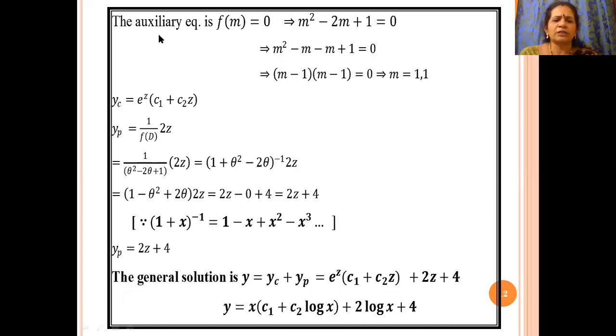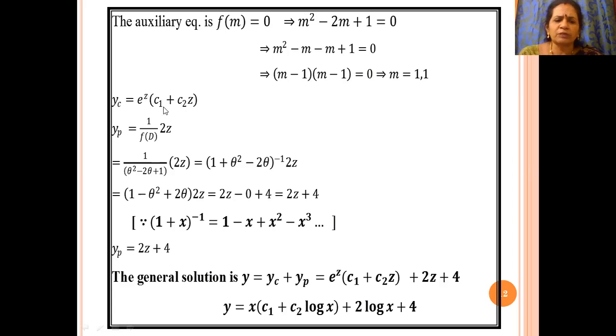Right? From that we can find the auxiliary equation, f of m is equal to 0, and find the factors. We will get again a repeated factor, that is m is equal to 1, 1. Right? Now therefore from this the complementary function, yc is equal to e power az times (c1 cos bz plus c2 sin bz). Right?